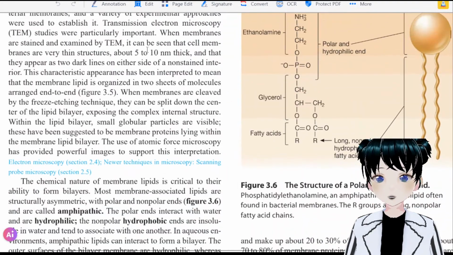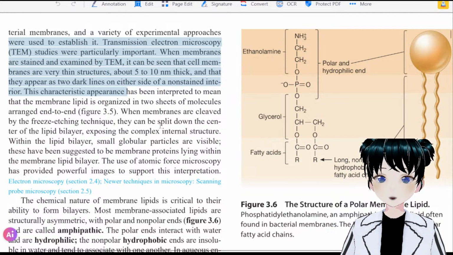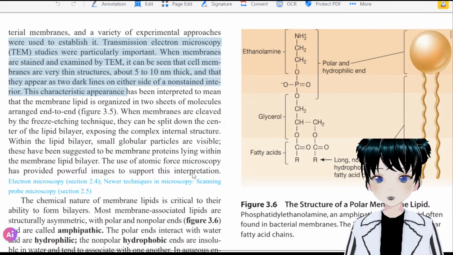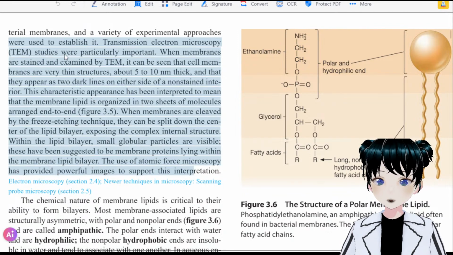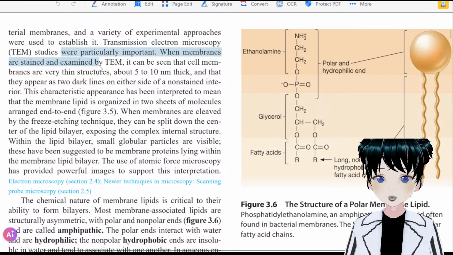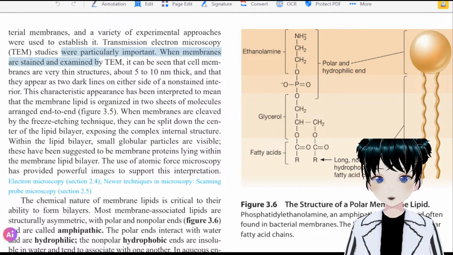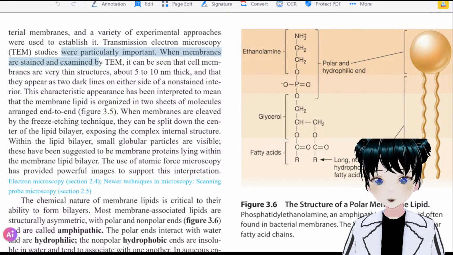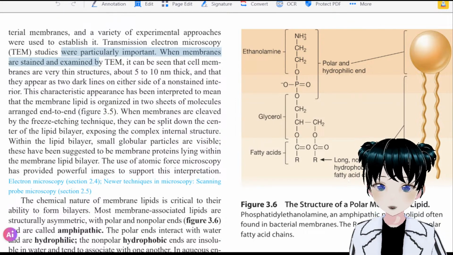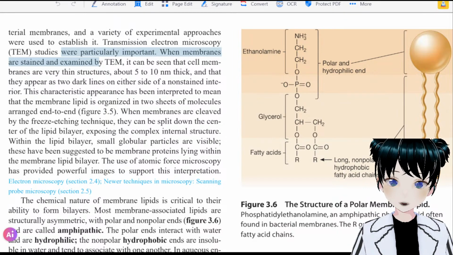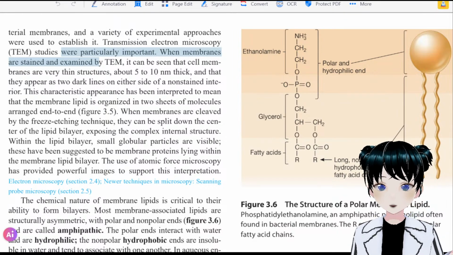Now, in this paragraph, they showed how we studied this lipid bilayer structure. They said it is done by the transmission electron microscope. Transmission electron microscope means they studied the internal structures. You get the internal structure and the external structure, right?